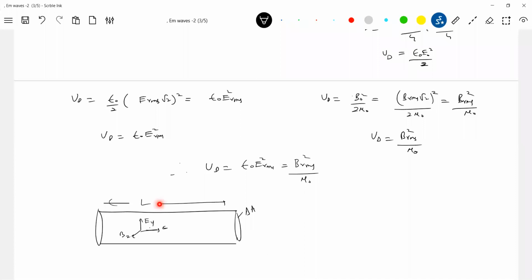So this length L should be equal to c Δt, since it will take some interval of time to propagate through this region. So here the EM wave is present. What is the energy? Here we put the average energy density, already discussed in wave propagation. This is the average energy density.